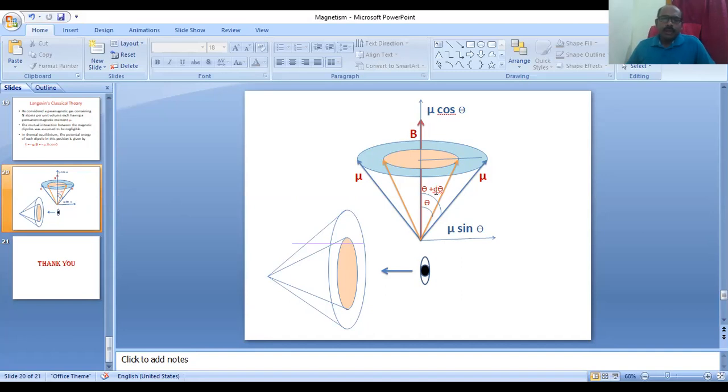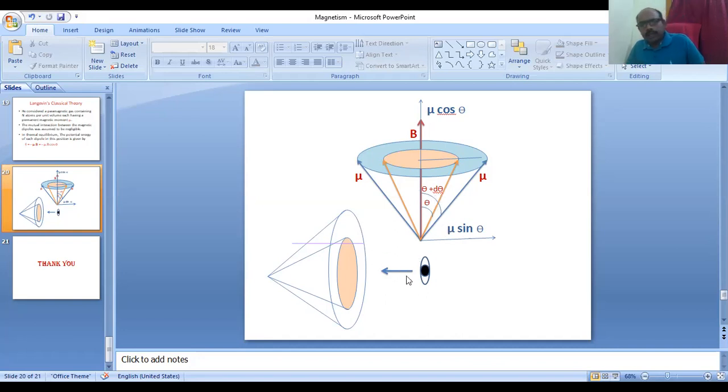After this there is a mathematical derivation part. It is a solid angle we have considered, so this annulus region which we see in blue is the region between the semi-vertical angles theta and theta plus d theta, the volume between these angles.